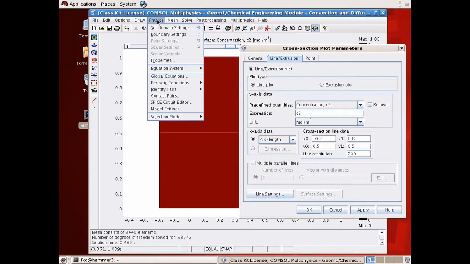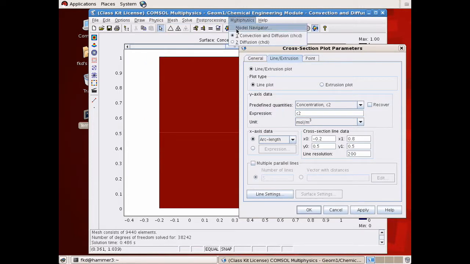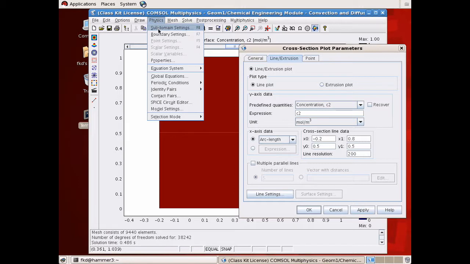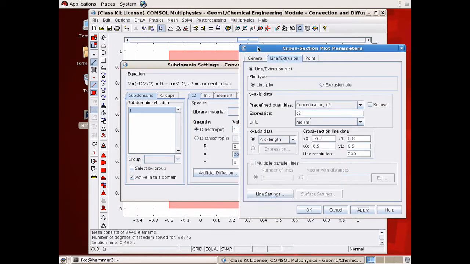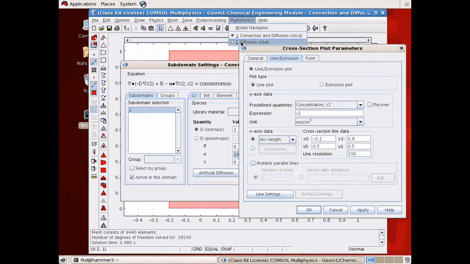The way to link this would be to take this information that is present within this convection diffusion part, and we have a subdomain setting, and within this we have a value for a velocity here. What we could do is substitute that with something that represented the flow velocity in this other system. And let me see if I can remember how to do that.